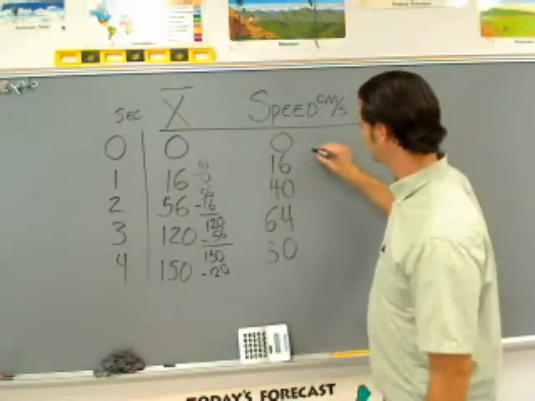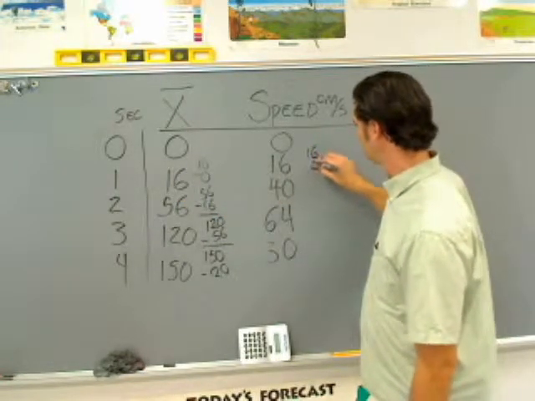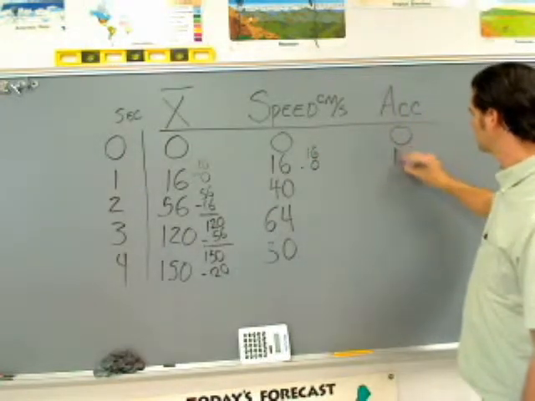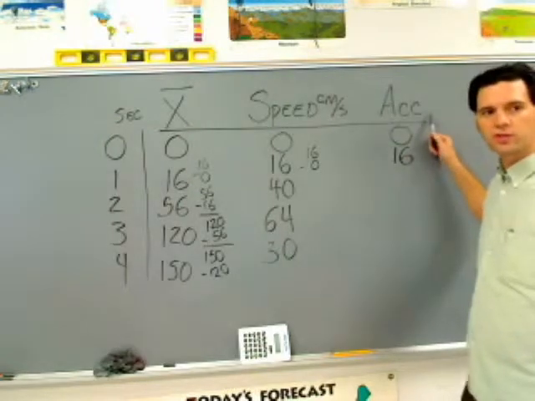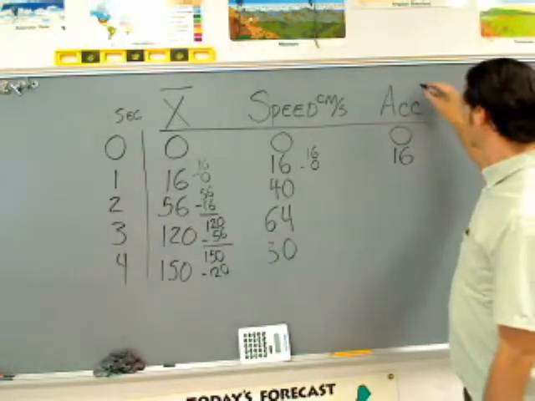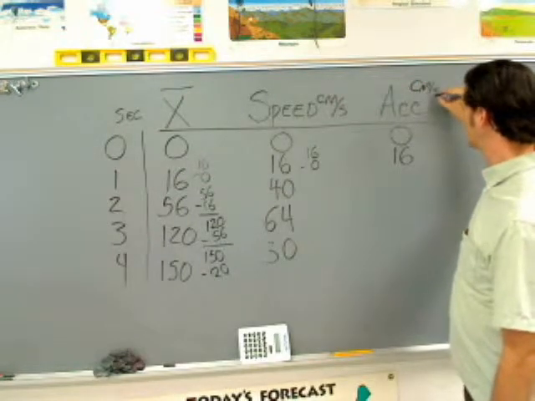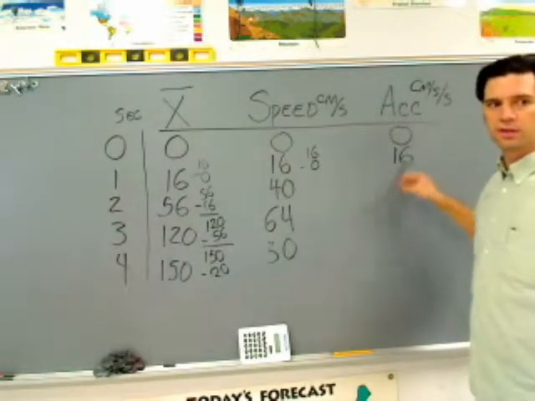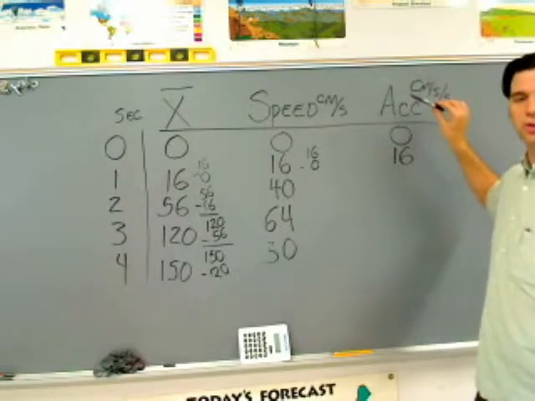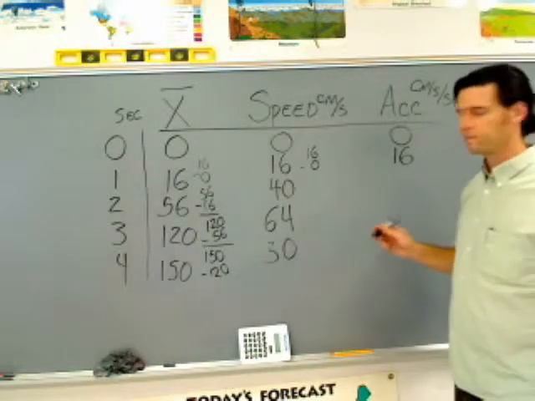At our first second, we subtract 0 from 16, and we get 16. Acceleration, the units are a little bit different though. Acceleration, the units are centimeters per second per second, meaning that every second it increases by a certain amount of speed or decreases by a certain amount of speed.